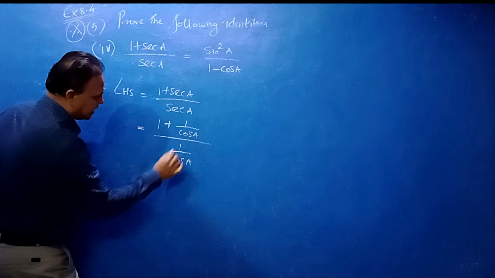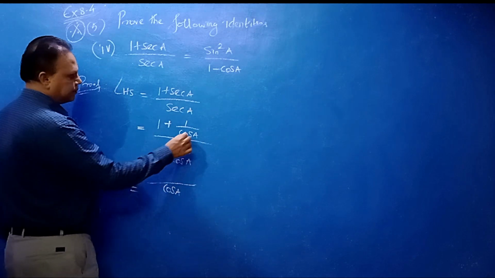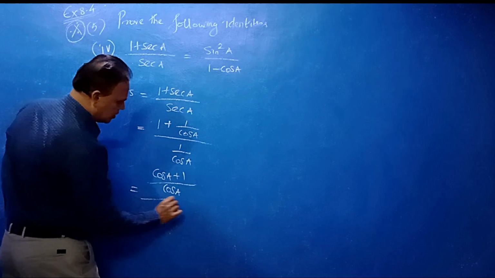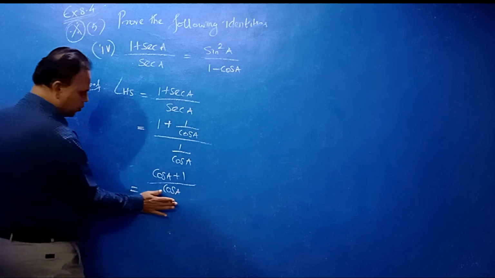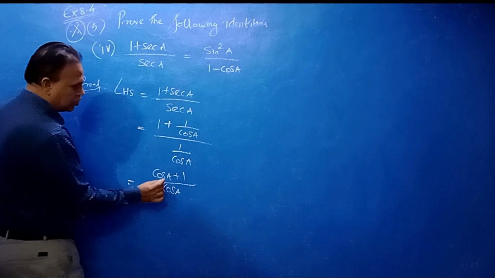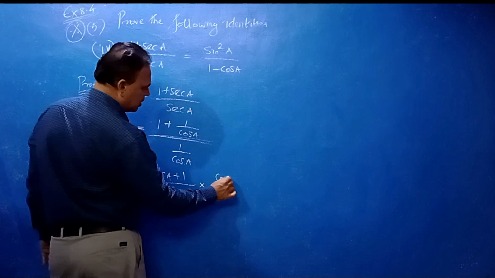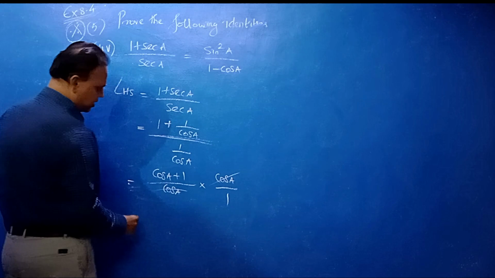That is equal to, in the numerator take LCM, cos A, so what will you get? cos A plus 1. Then you can do into also, better. This whole divided by, so into you do, means 1 by cos A by 1. So both side cos A cancel.